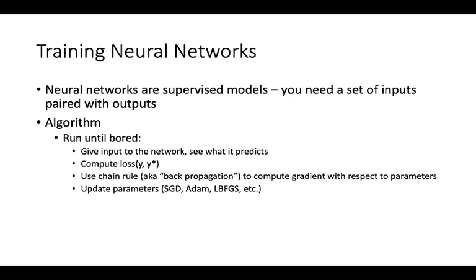So the training algorithm goes like this. We run through a bunch of mini-batches, and given each mini-batch of input and output pairs, we try to predict the translation y, and we have the gold standard y star.